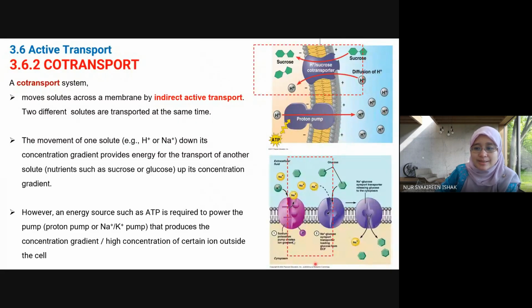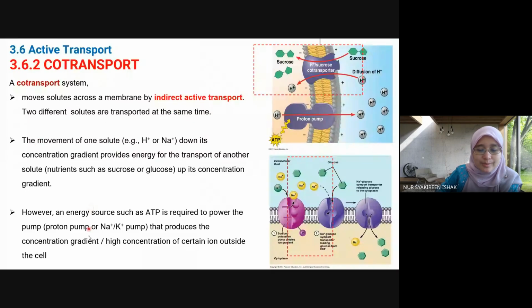So let's look at that slide here. The uptake of the nutrients. From the proton pump, it leads to a co-transport process. A co-transport system moves solute across a membrane by indirect active transport. Two different solutes are transported at the same time.